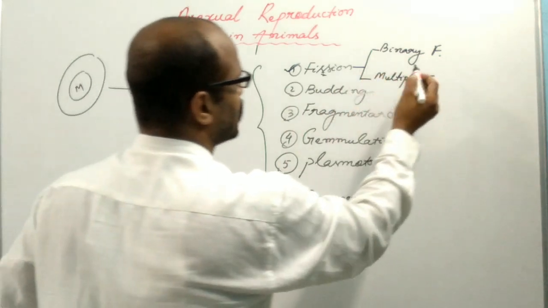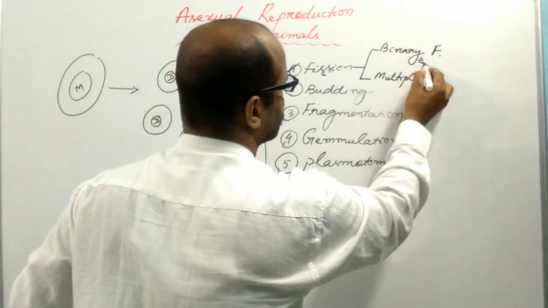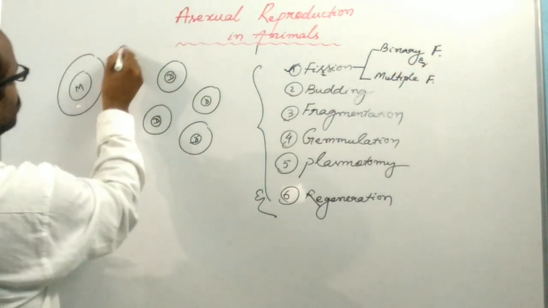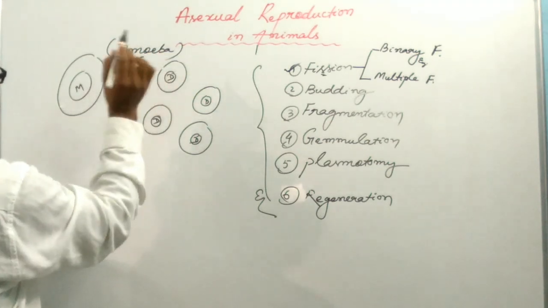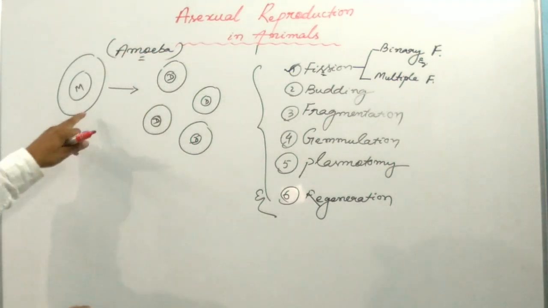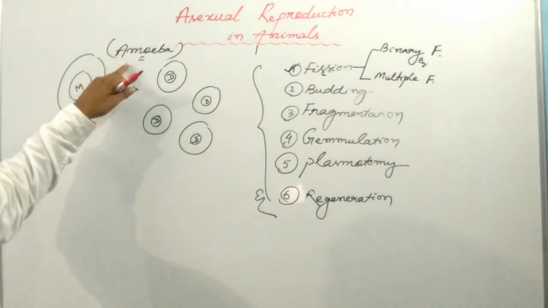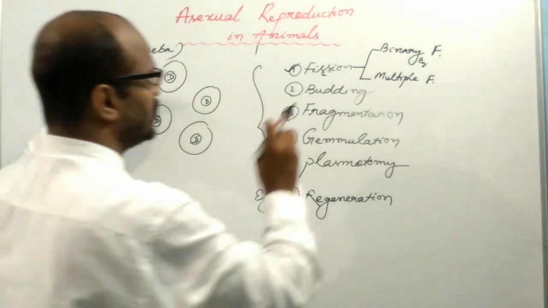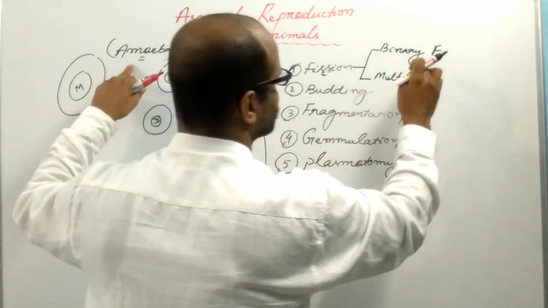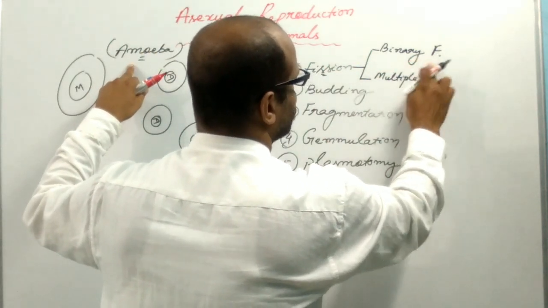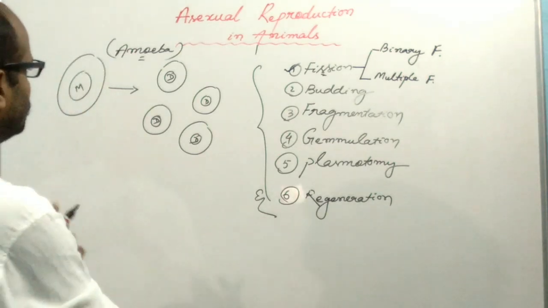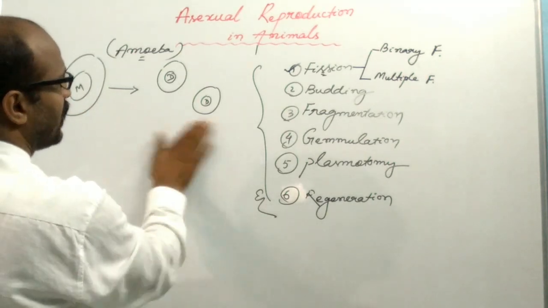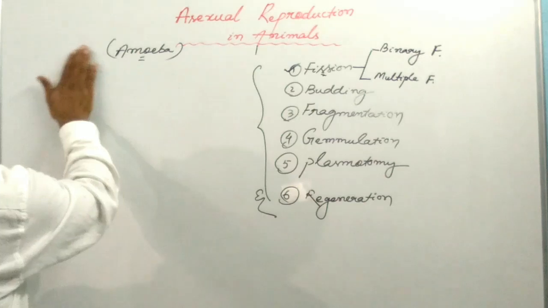Binary fission is, for example, found in amoeba. This is a unicellular protozoan, one protist. In favorable conditions, amoeba reproduces by binary fission.